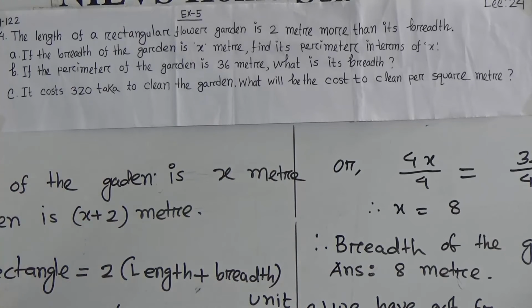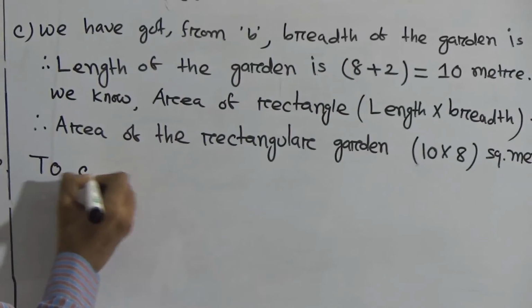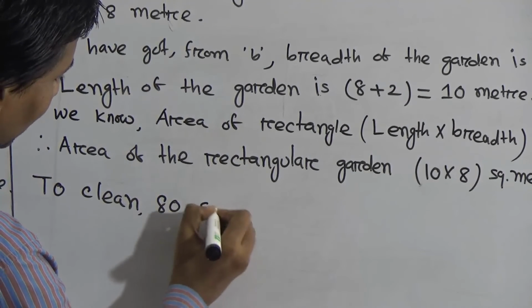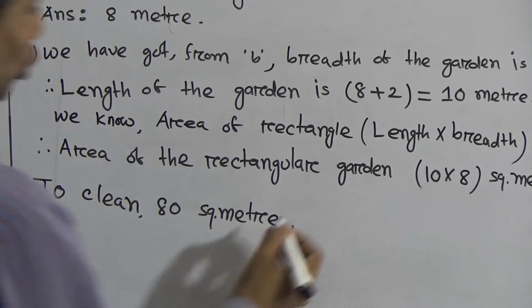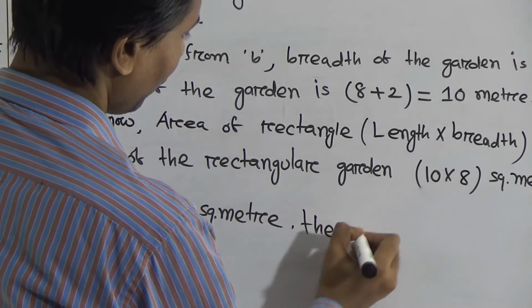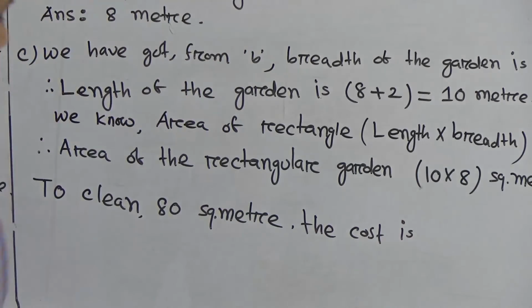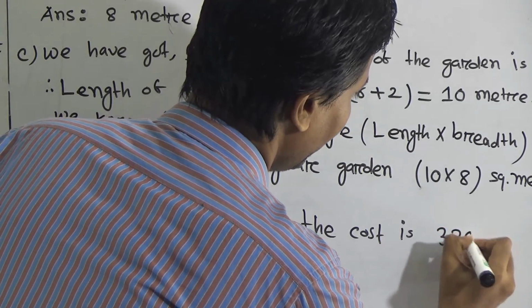Now write: to clean 80 square meter, the cost is how much? 320 taka.